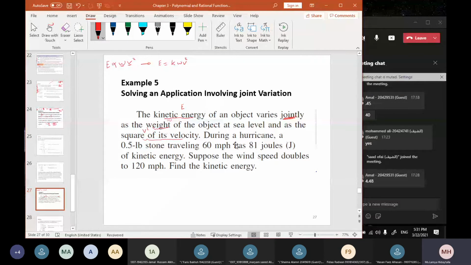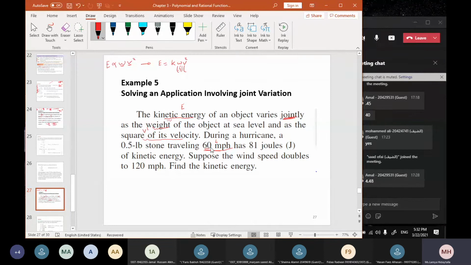Okay, he gave me energy, velocity and weight. So I can calculate the K. This is given, this is given, and this is given. The stone's weight is 0.5. So this is 0.5 times the velocity. The stone is traveling 60 meter per hour, and that is the unit of speed, right? The unit of velocity is meter per hour.